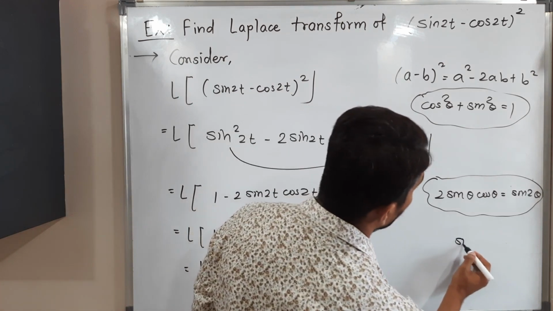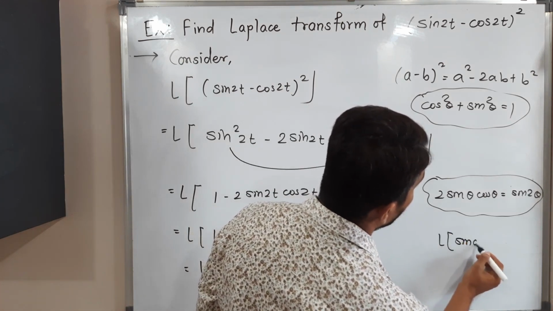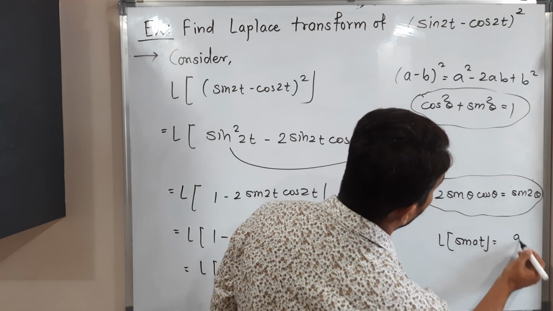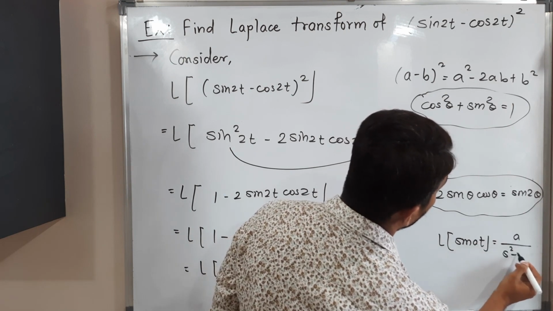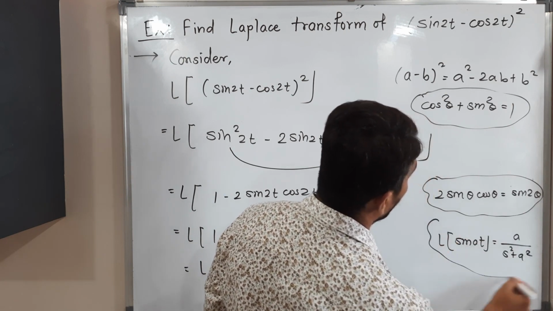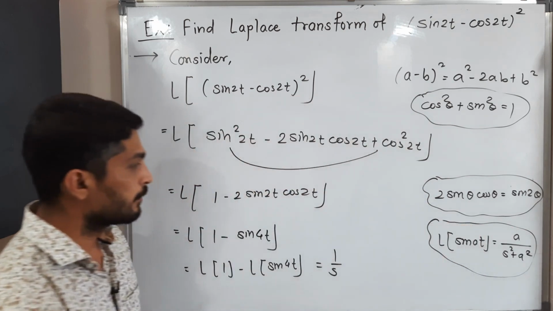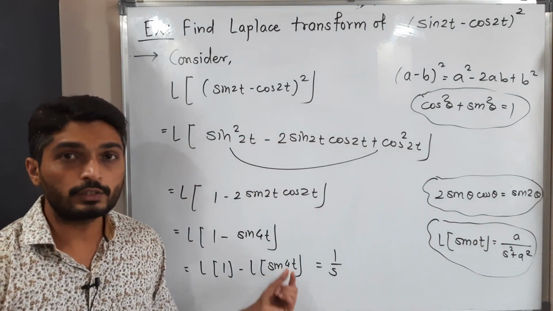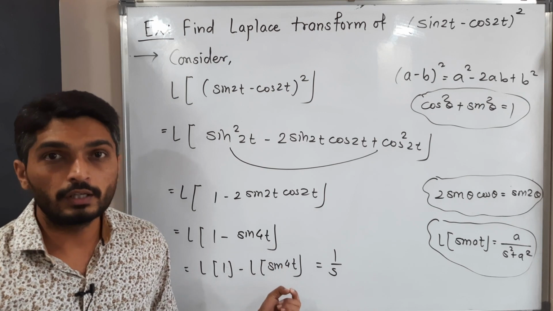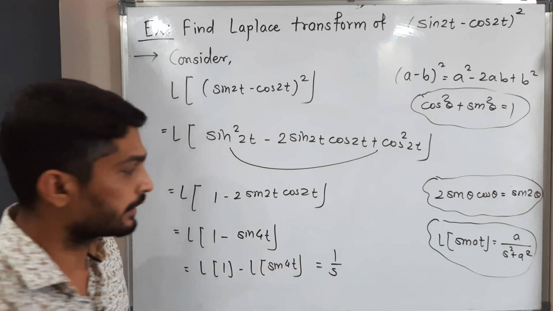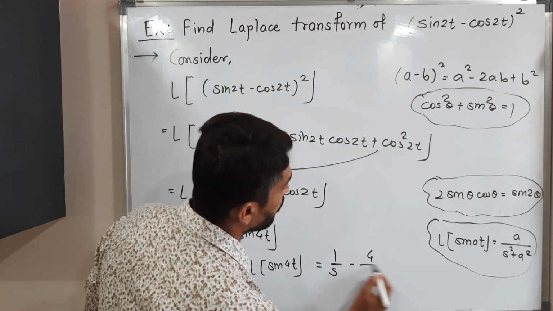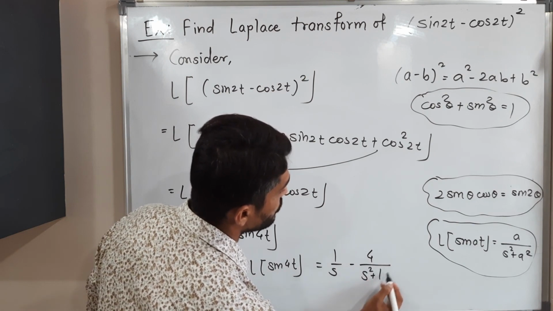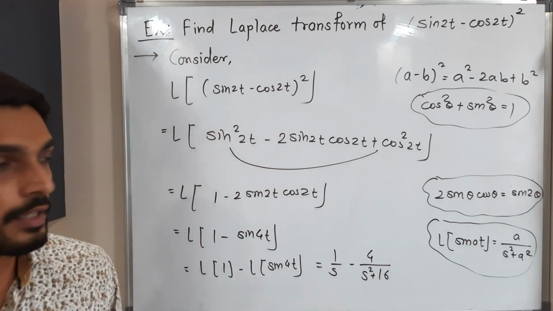The formula for Laplace of sine at is a upon s square plus a square. Here we have 4t, so in place of a we can put 4. So minus 4 upon s square plus 4 square, which is 16. So this is the required answer.